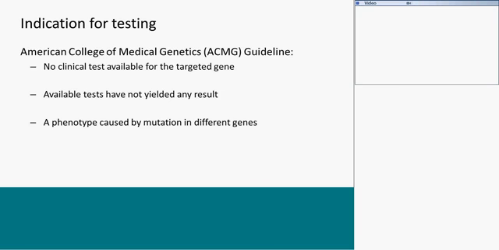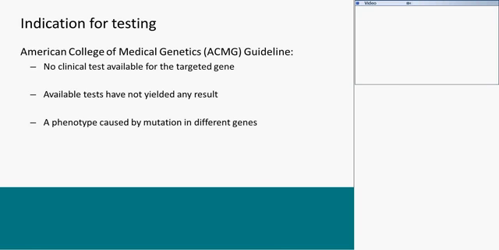The first one says that no clinical test is available for the targeted gene. What does that mean? This means that your geneticist, or your doctor, sees you and says, "Oh, it seems that this is a genetic disorder," and he or she does a literature search, and finds, for example, a paper that has reported another patient that looks very similar to the patient that he has.